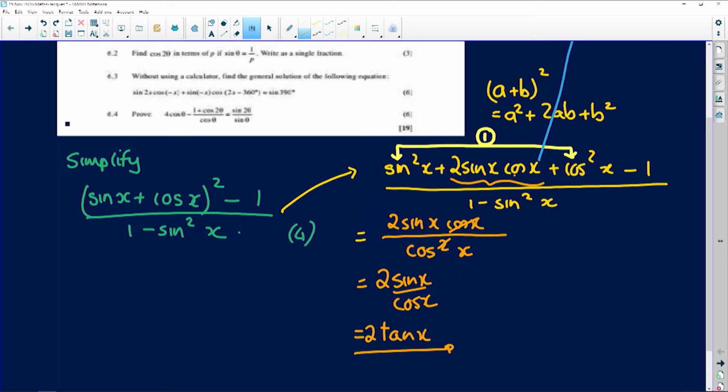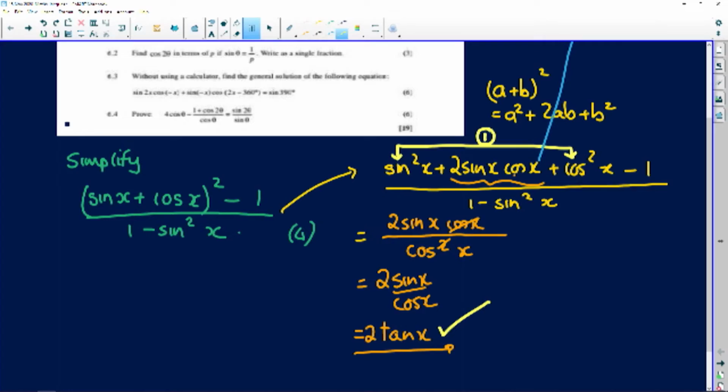So that fraction simplified beautifully to 2 tan x. Now that was, by the way, for 4 marks. So you'll get your marks for applying the identities, and you'll get your marks for the simplification. Not a difficult question to start the trig section with.